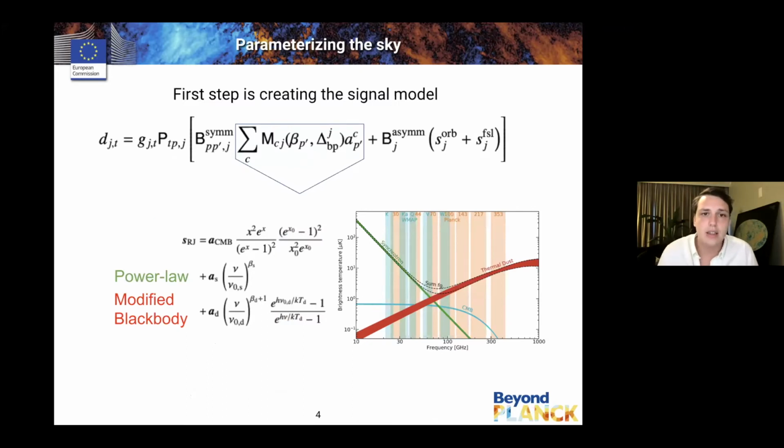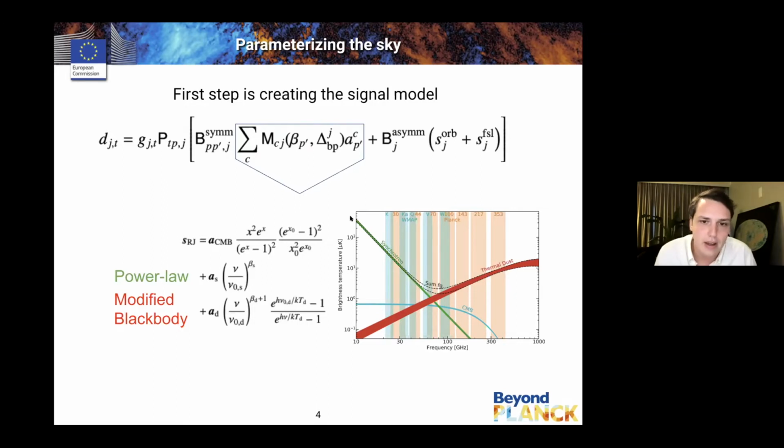And you've seen this data model probably a few times now. I've left out some noise terms here, but for this particular work, we're interested in this mixing matrix here, which carries these beta values and the amplitude for each foreground component, which we see the visualization of here. And that's what translates the foreground behavior in frequency. And our explicit model for this in BeyondPlanck is these three components for polarization.